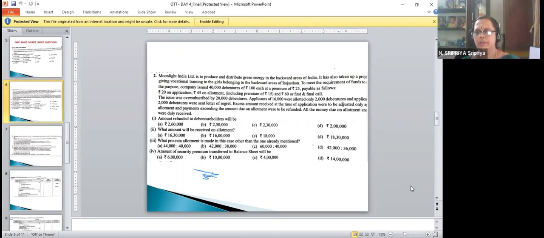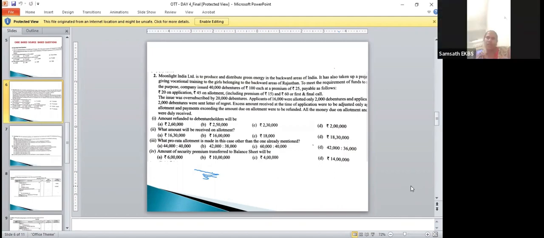That 2,000 into 45, 90,000. 44,000 is to 40,000. Now we can even do it this way, teachers. 40,000 into 45, 18 lakhs minus excess application money is 90,000.